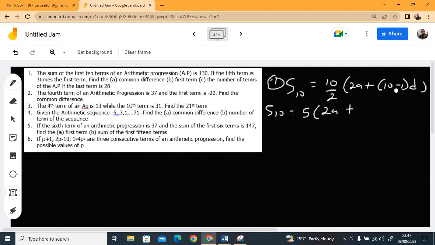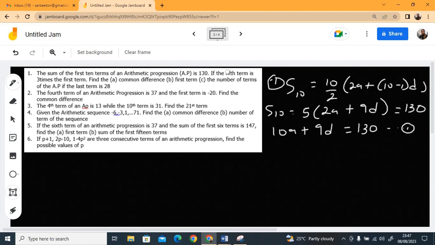Everything equals 130. When you multiply this, you have 10a plus 9d equals 130. This is equation 1.